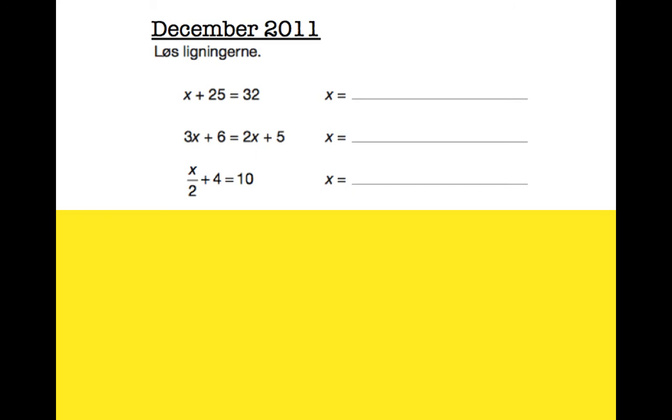Next block, December 2011. x plus 25 equals 32. Take away the 25 from both sides. x equals 7. 3x plus 6 equals 2x plus 5. We've got x's on both sides, so we want to take away as much x as we possibly can from both sides.